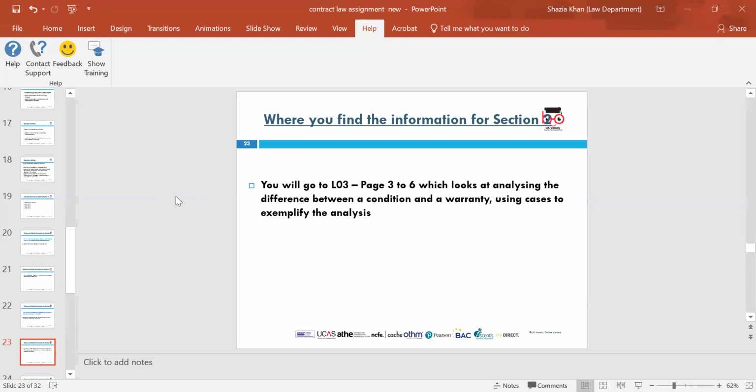Okay, so you would look at Learning Outcome 3 and you will look at pages 3 to 6, which looks at analysing the difference between a condition and a warranty and using case examples to exemplify this. So you would need to look at case law in regards to it, look at the difference between both and look at why it's so important in regards to the difference between a condition and a warranty.